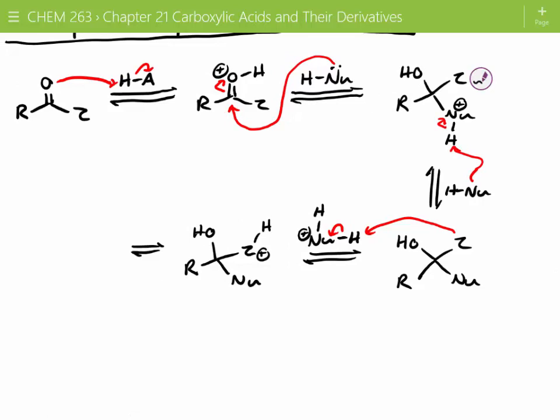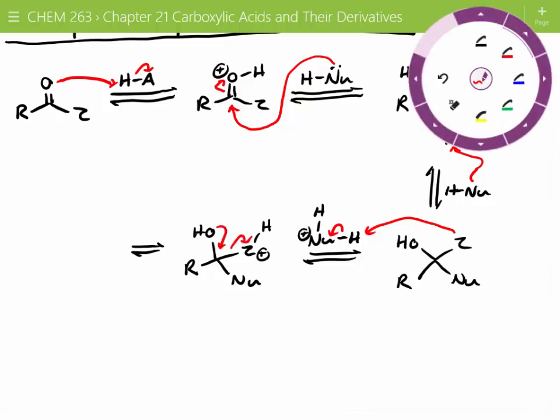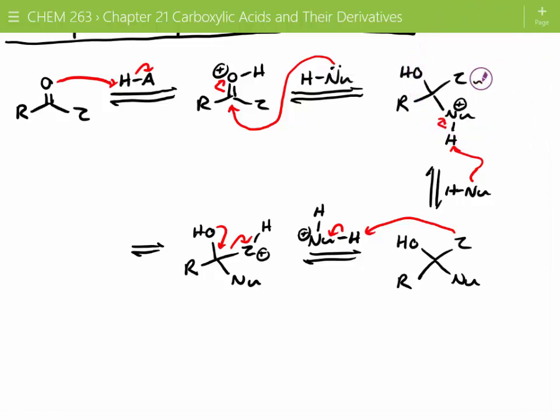All right, so now we've got Z as a good leaving group. It can clamp down, kick off our Z, which is good because most of the time we want to avoid negative charges. If we kicked off Z before, it would be negatively charged.